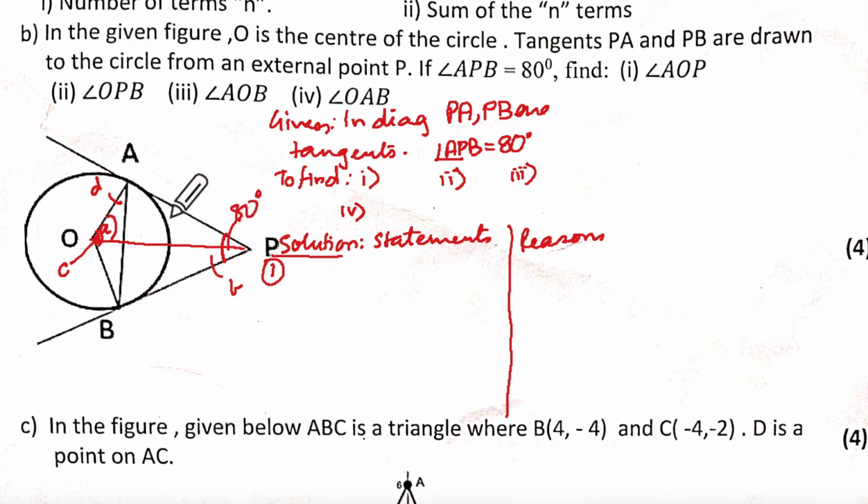Now, if I want to go for A, I'll have to look at this triangle over here. I know this is your 90 degrees, and I know this is your 90 degrees. So how much is this full thing?